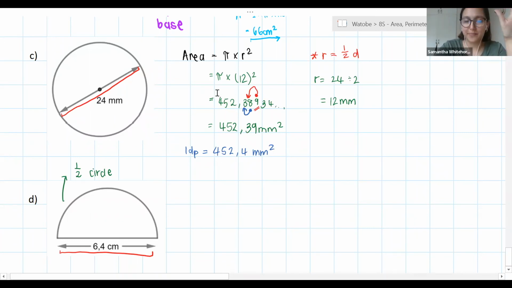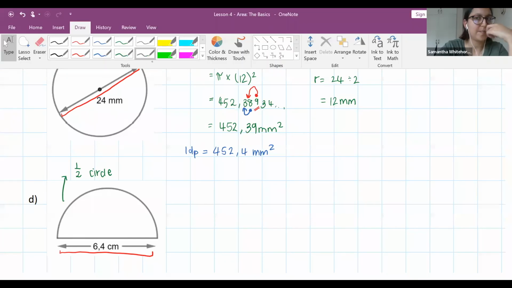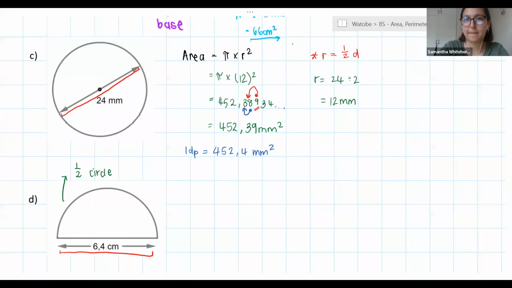Thank you, ma'am. And guys, remember that radius. Excellent. Is anyone feeling up to giving me D? Okay, Emmanuel, do you want to try? Yes, ma'am. Okay. So I said A equals pi r squared equals pi bracket 3,2 close bracket squared.